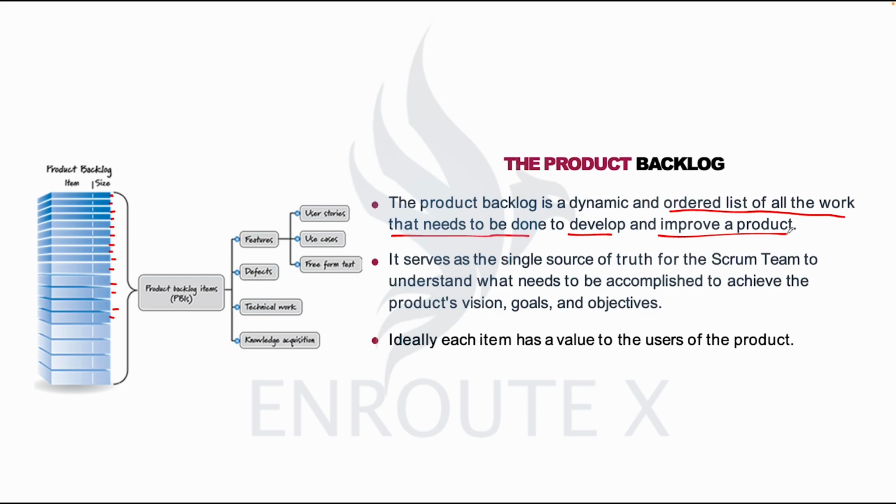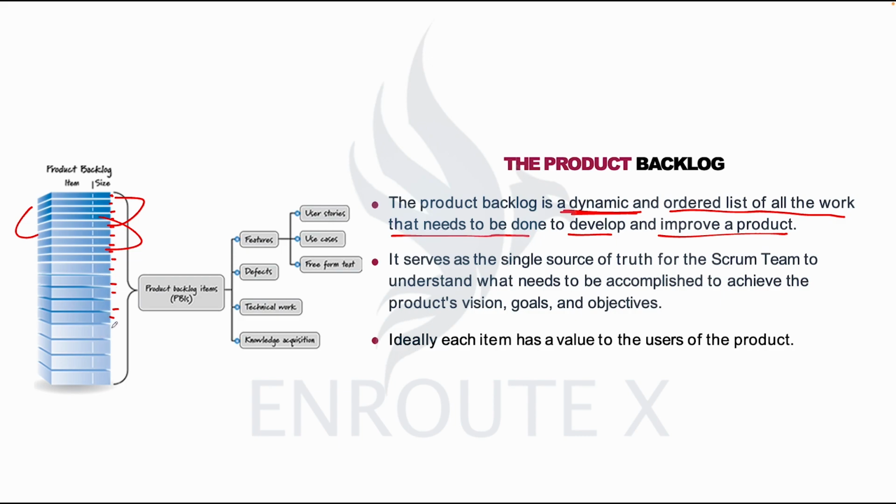So a product goal could be building an entirely new product. A product goal could also be improving a product. A product goal could be just anything, right? So a product backlog is dynamic because it should be adaptive, something that could change based on the stakeholders' requirements, right?